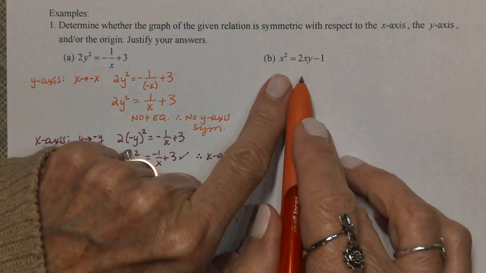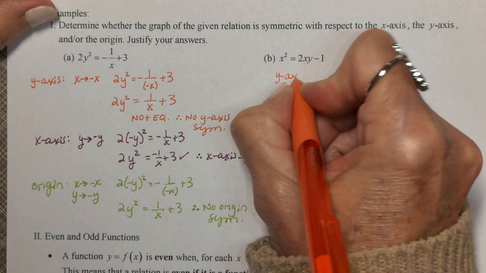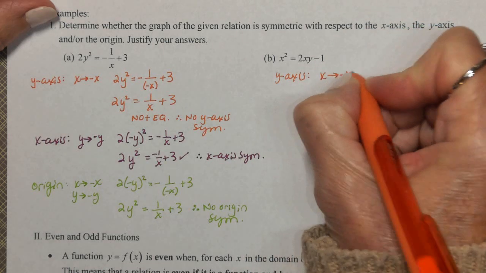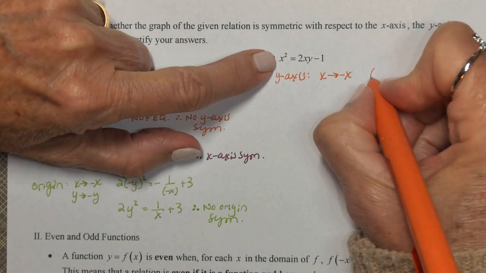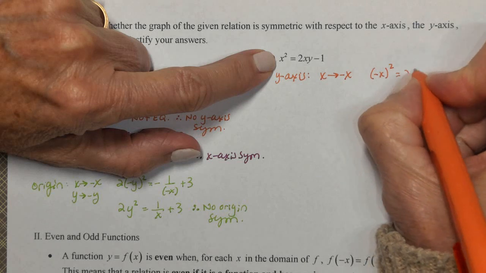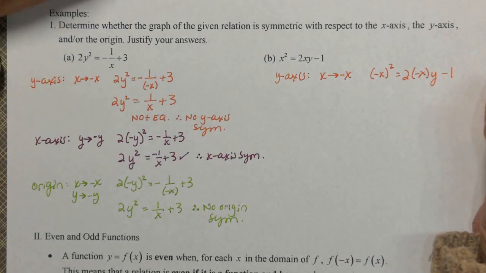Okay, here's our relation. We're going to test for y-axis symmetry first. And to do that, I replace x with negative x. If I replace x with negative x, I've got negative x squared is equal to 2 times negative x y minus 1.